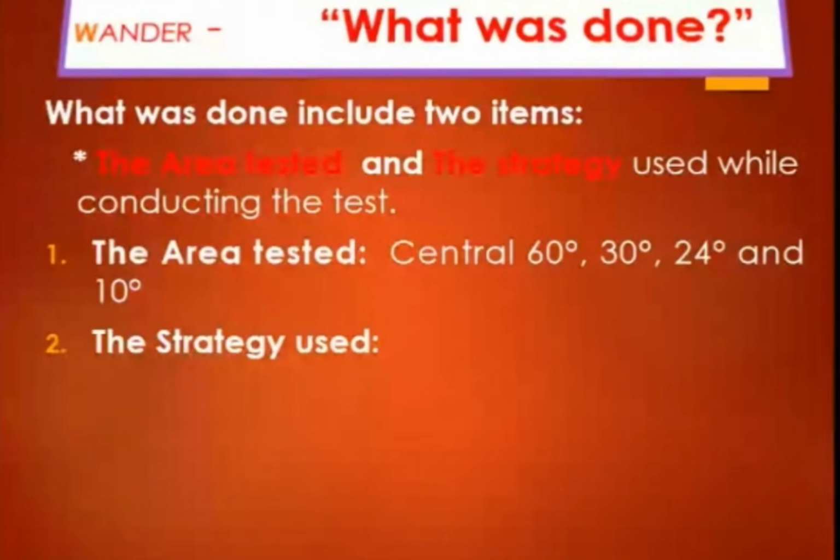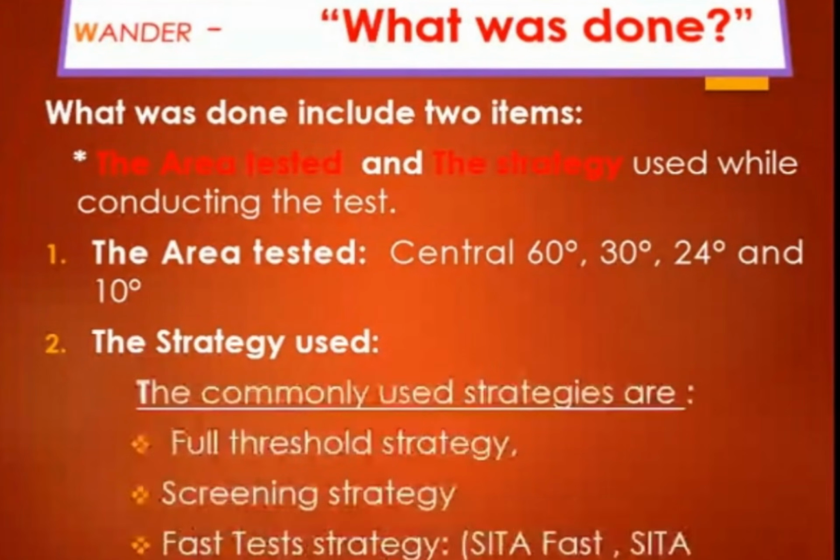Now the strategy used. This simply means the pattern used to present the stimuli and also the pattern used to graduate the luminance of the targets presented. There are commonly used strategies, and they include the full threshold strategy, the screening strategy, and the fast test strategies, which include the SITA fast and the SITA standard.